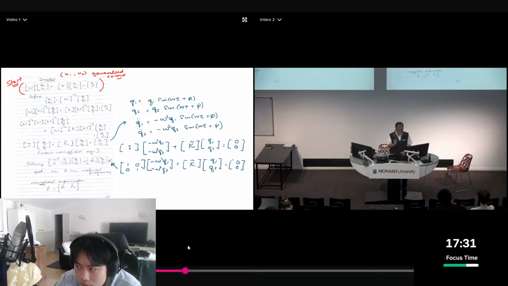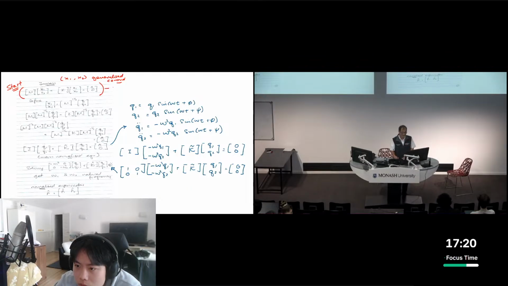Now, the sequence of the solution procedure is such that we start off with x1 and x2 as our first generalized coordinate, and this is our equation of motion.